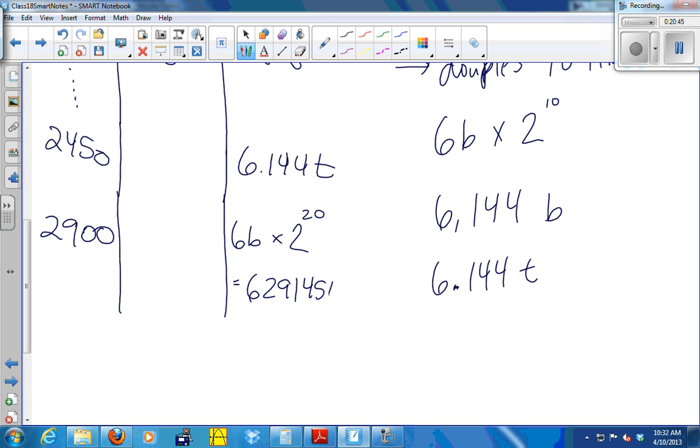6,291,456 billion people. So that is trillions, quadrillion. What comes after quadrillion? It's quadrillion. 6 quadrillion, 291 trillion, 456 billion.